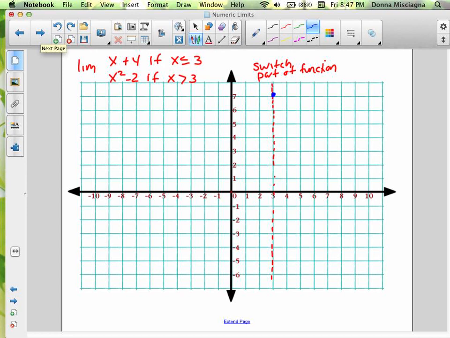Now let's think about the rest of this. Our graph here is just a line, x plus 4, a line with a slope of 1. Oops, I'm sorry, I'm on the wrong side. Less than. Got to pay attention which side's where.